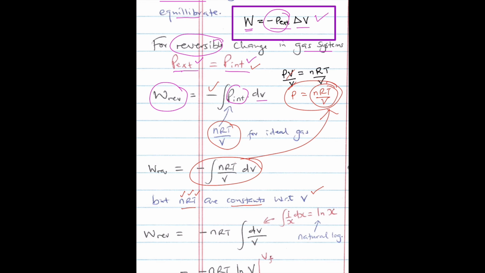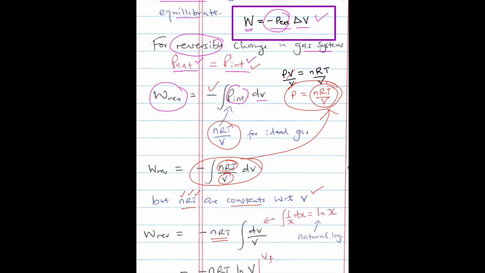Because nRT is independent of volume, we can take nRT out of the integral sign, and it becomes minus nRT, and now we can integrate dV over V because we still have that V.